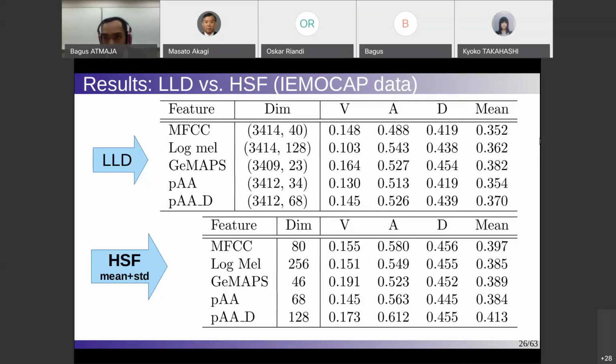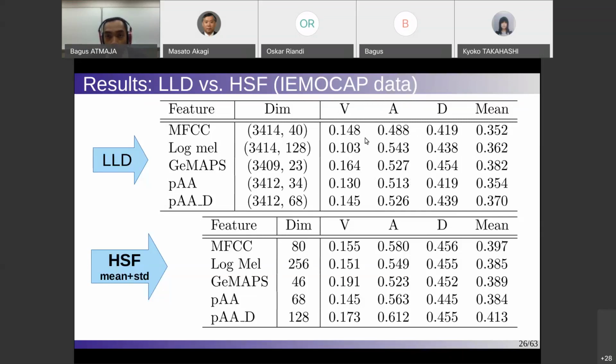So here we can see that the result using mean and standard deviation, using global features, is better to model the emotion within speech, aside from the low size of the acoustic feature. And from this result we can see that the score of valence here is lower than arousal and dominance.